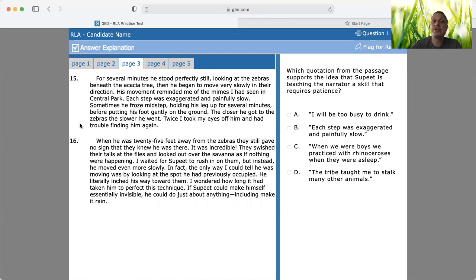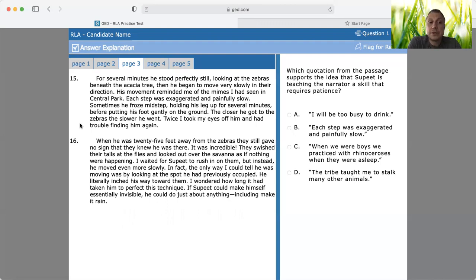For several minutes, he stood perfectly still, looking at the zebras beneath the acacia tree. Then he began to move very slowly in their direction. His movement reminded me of the mimes I had seen in Central Park. Each step was exaggerated and painfully slow. Sometimes he froze mid-step, holding his leg up for several minutes before putting his foot gently on the ground.